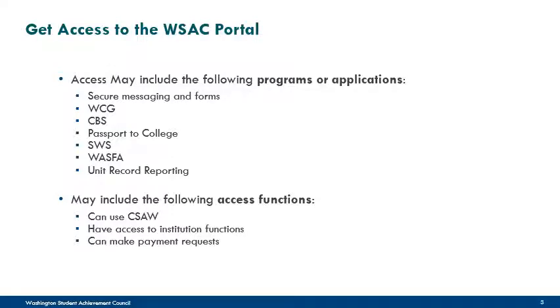You may also have the following access functions, which include the ability to use See All, which is basically just looking at information, having access to institution functions, meaning you are able to enter awards and such into the system, or you can also request payment requests.